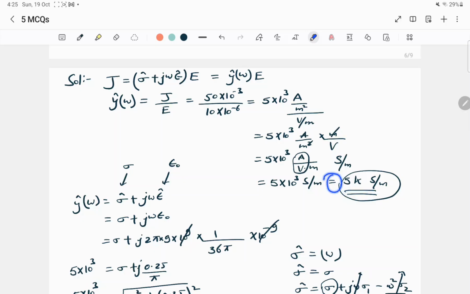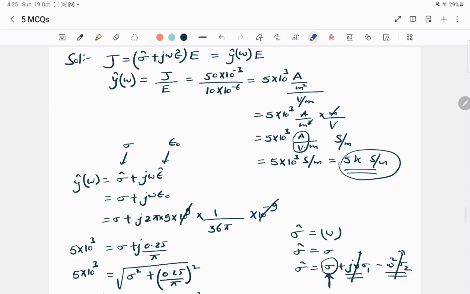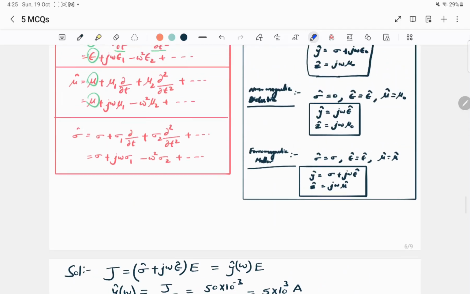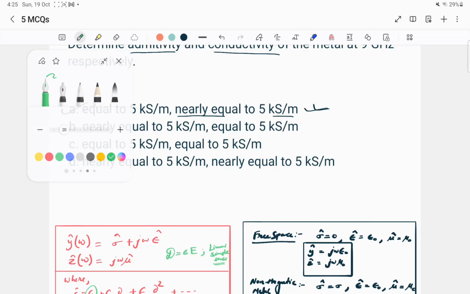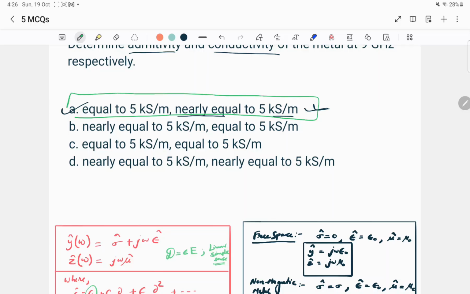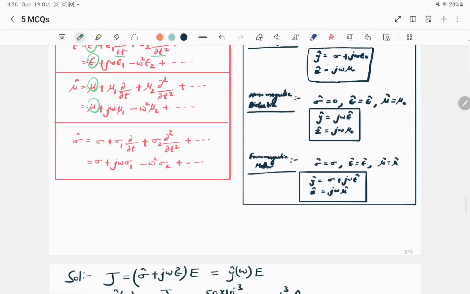But since y cap is equal to sigma plus j omega epsilon, that means y cap is a summation of two terms, which simply means that sigma should be less than 5 kilo Siemens per meter. It cannot be exactly equal to 5. That is why just by calculating the first part, you can directly tell that option A is the correct option.